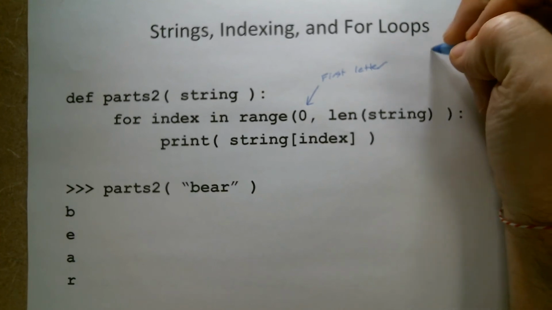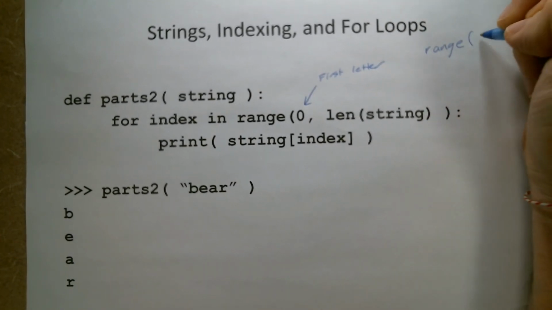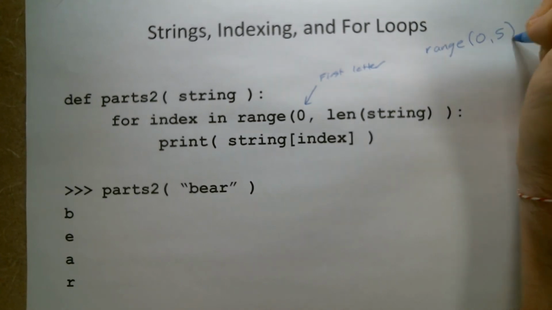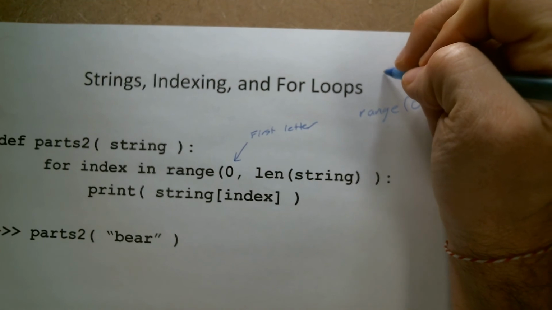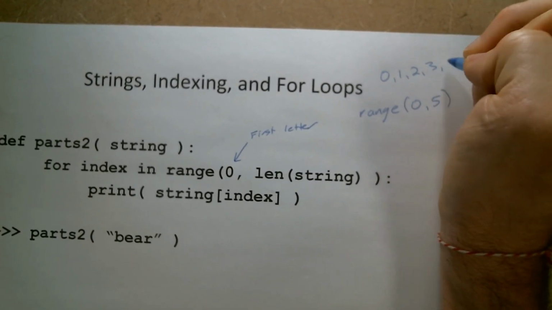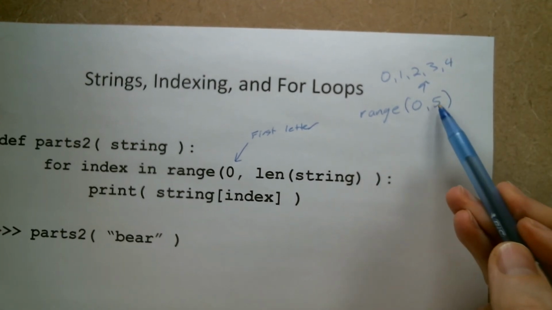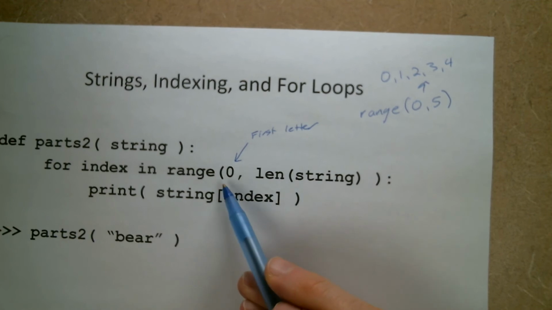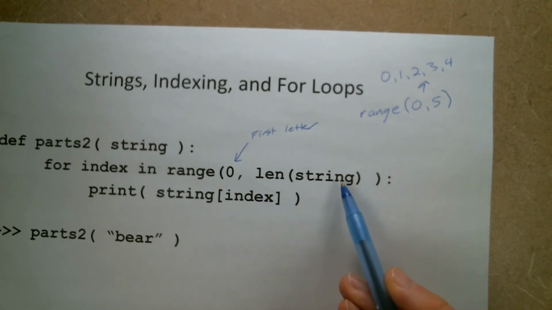And we have to remember that when you do range of, let's just say 0, 5, this goes back to when we first learned about for loops. 0, 5 will only give you 0, 1, 2, 3, and 4. It doesn't actually get to that last value. So when we say 0 to length of string, it stops short of the length.